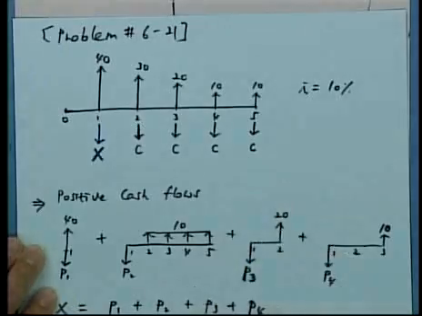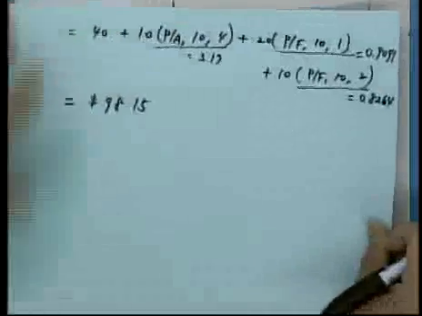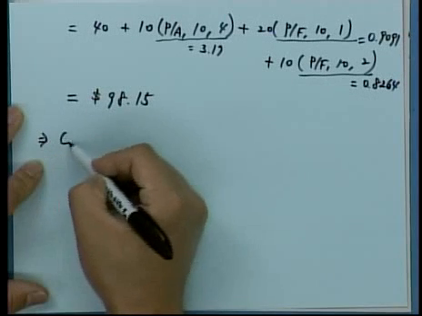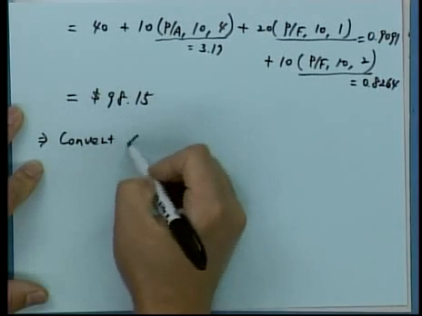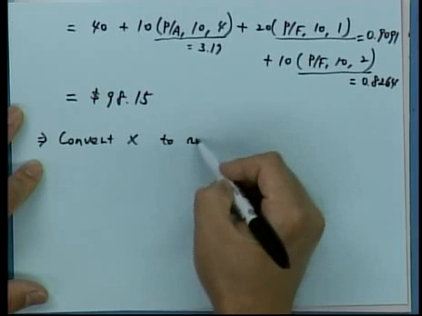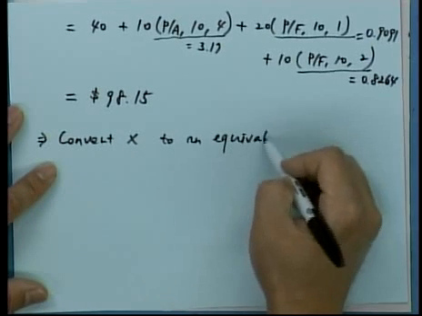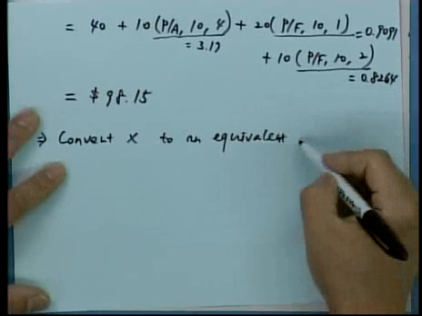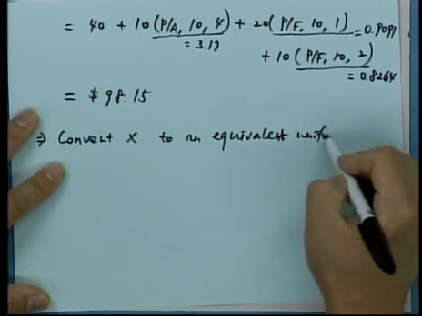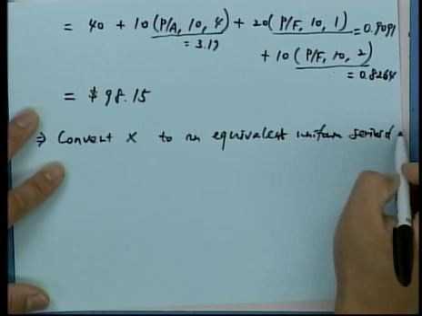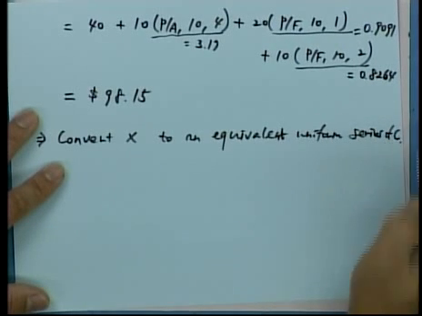Okay. Now we're going to convert this x value to an equivalent uniform series of C, the original cash flow diagram. Okay. So now convert x to an equivalent uniform series of C. Okay.